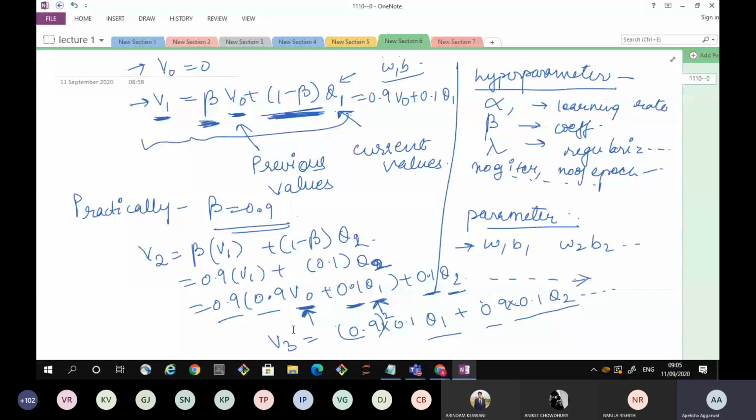And why exponential? Because at every step we are multiplying it with some power of beta. Okay. And what is my beta? Beta is my hyperparameter, which decides how much I should consider the current value and how much I should consider the previous value. Okay. So this was the overall idea behind exponential smoothing.